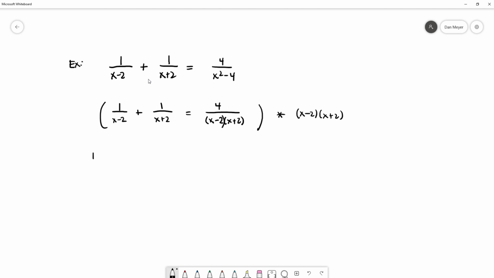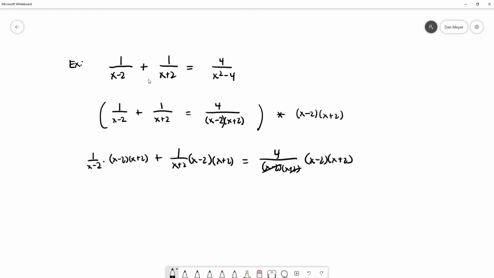When I multiply on the left-hand side and distribute, I have 1 over x minus 2 times x minus 2 times x plus 2, plus 1 over x plus 2 times x minus 2 times x plus 2, is equal to 4 over x minus 2 times x plus 2 times x minus 2 times x plus 2.